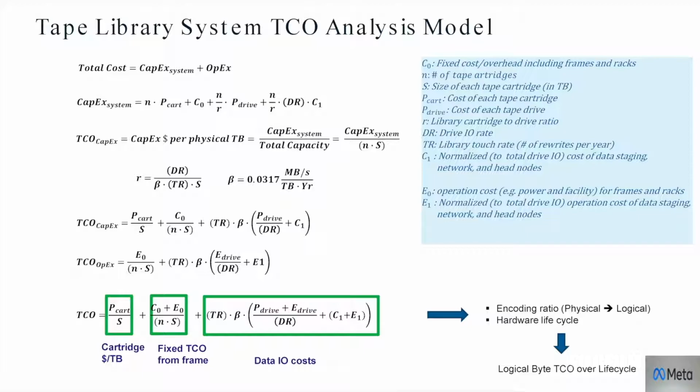Plus the base cost of the frame. Plus the total number of drives in the system. Plus the supporting peripherals that allow the data to move in and out of the tape.